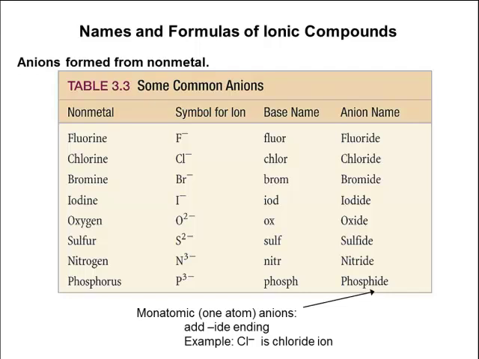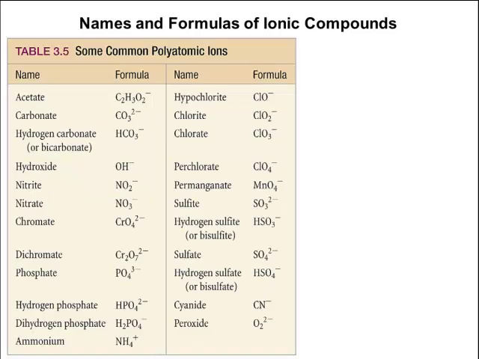Problem is we're going to have something called polyatomic anions. Polyatomic meaning more than one atom. So if we look at a table of these, you can see some common ones here. And really for these common ones, you should really know the names and formulas for all of the ATE forms, the things that end in ATE.